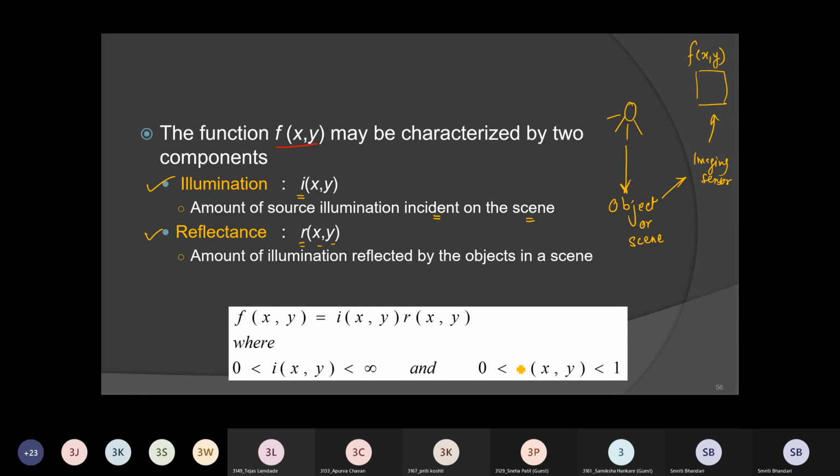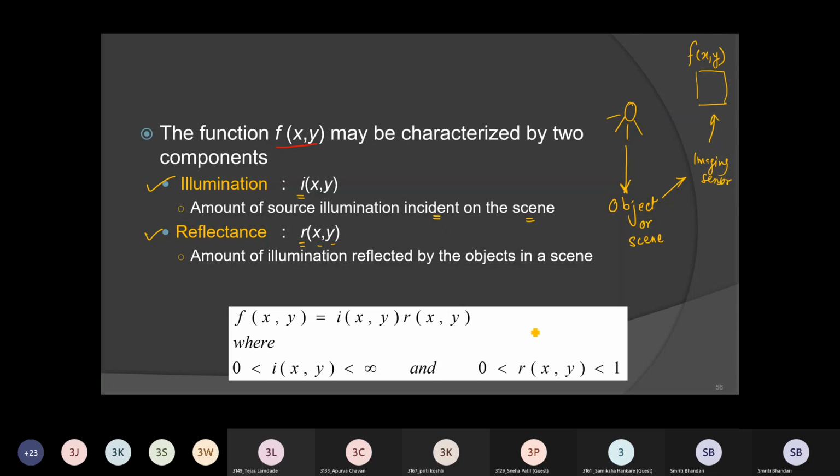And what would be the reason why it lies between 0 and 1? Anybody? If it is 0, what does it mean? All the light that is incident on the object is being absorbed by the object.